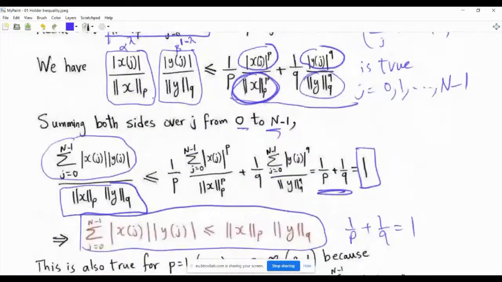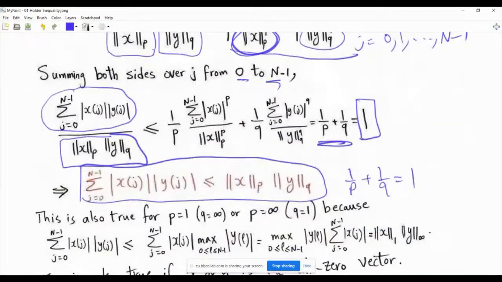But after reaching the final result, we ask: if x is the all-zero vector, is this inequality satisfied? It is satisfied, because from the properties of norms, a norm is 0 if and only if we are talking about the all-zero vector.